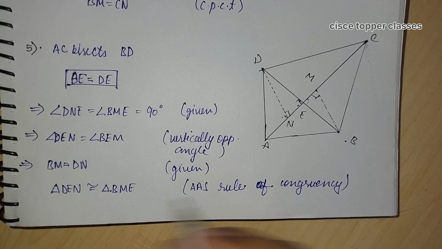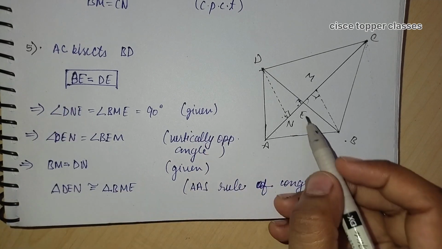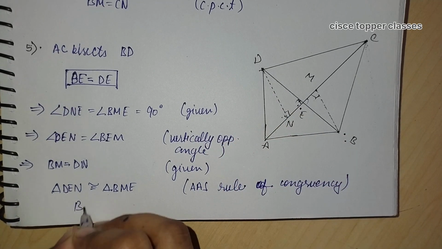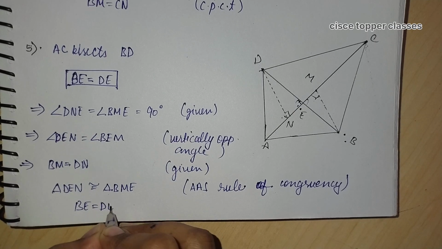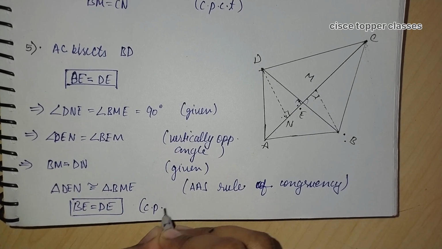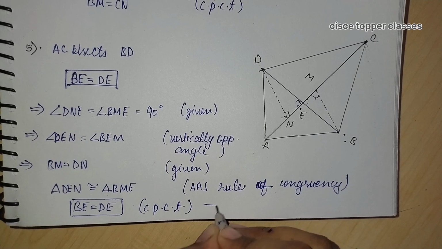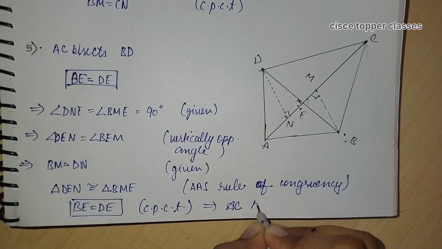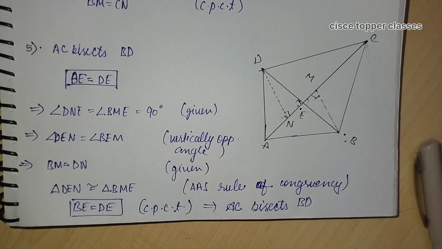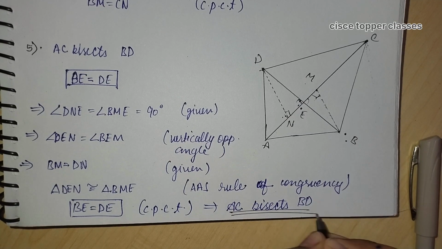So this is the thing. And from CPCT now we can prove that BE is equal to DE here. And if we prove that BE is equal to DE, hence by CPCT we got it as AC bisects BD. So this is the thing we have to prove here.